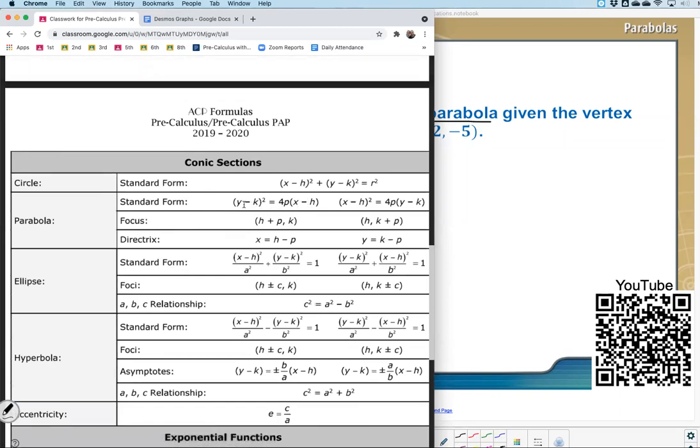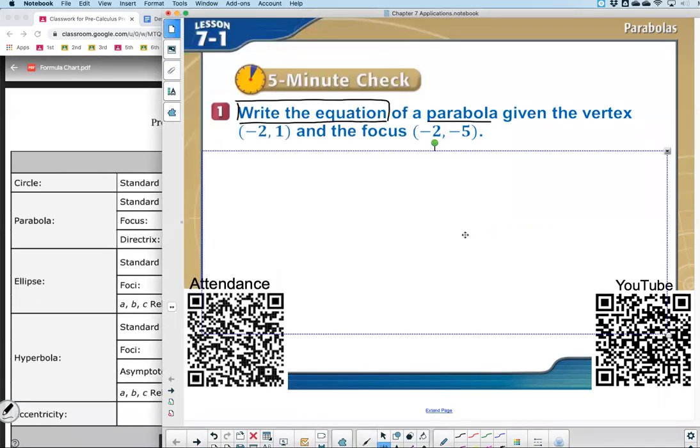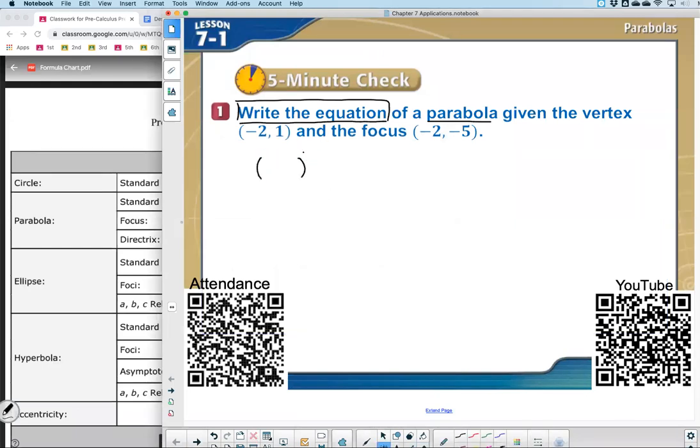What I know is true is that we're going to have a parenthesis squared equals 4p times another parenthesis. That's what I know is going to be true, regardless of the information given to us.